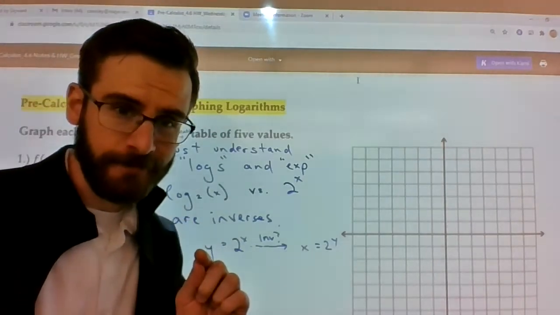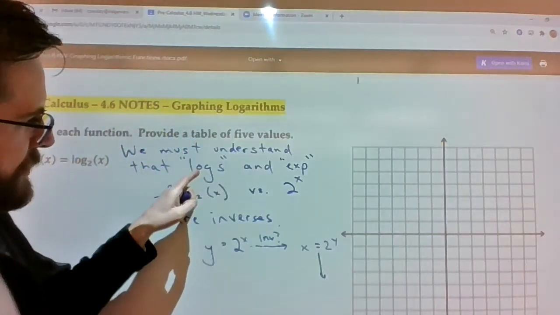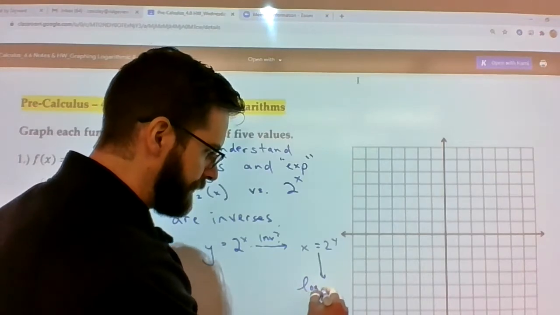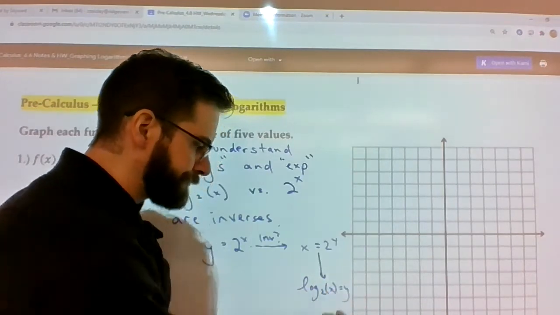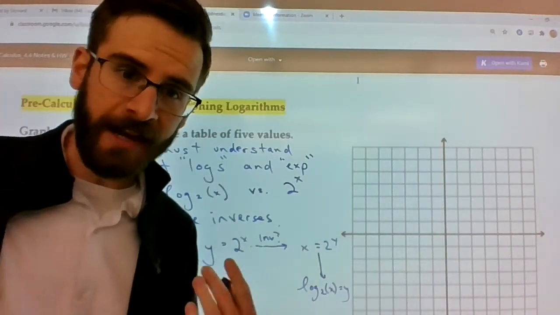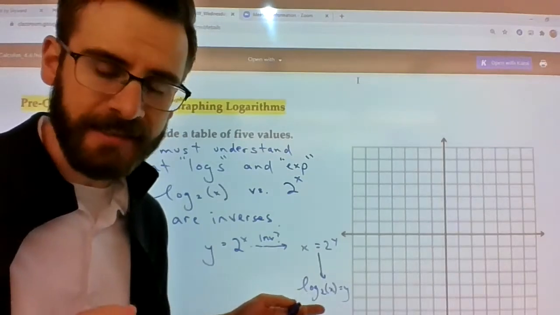And here's the thing. The result of that becomes log base 2 of x equals y. Now today I'm not going to show you all the computational gymnastics you have to do to get from here to here. That's just not my intention today.